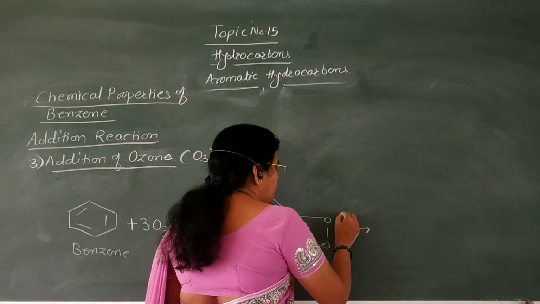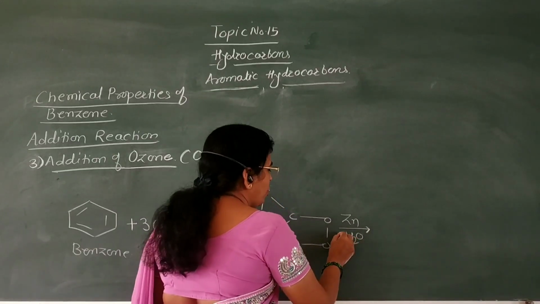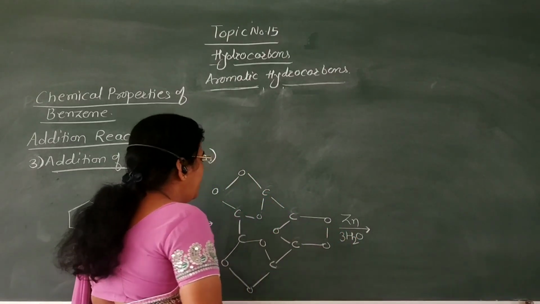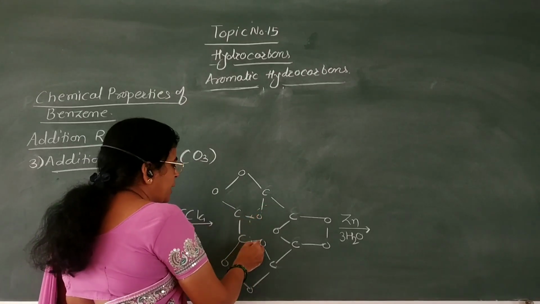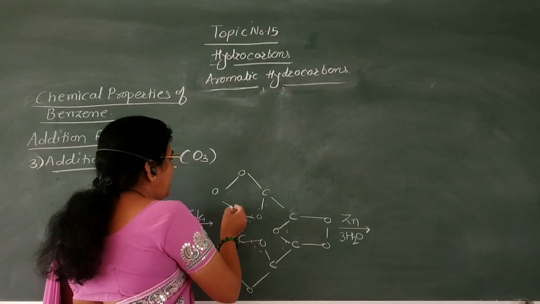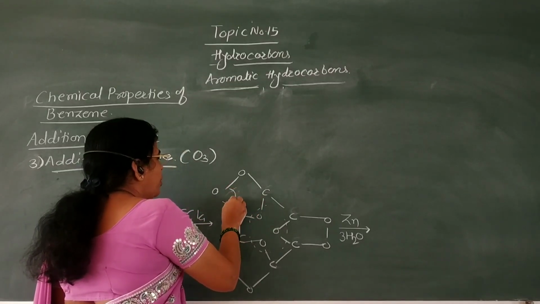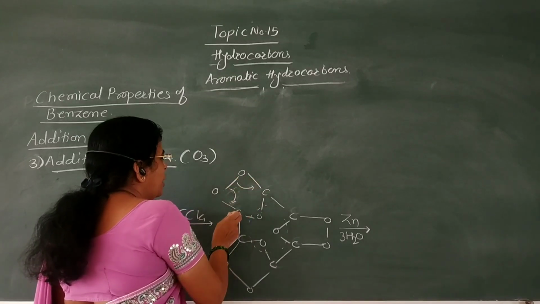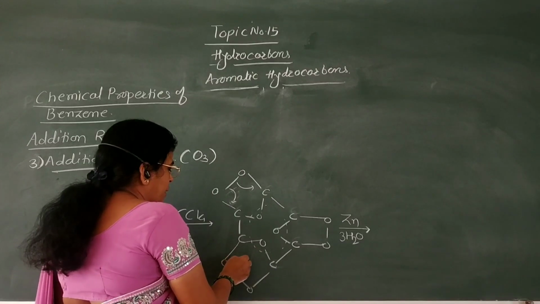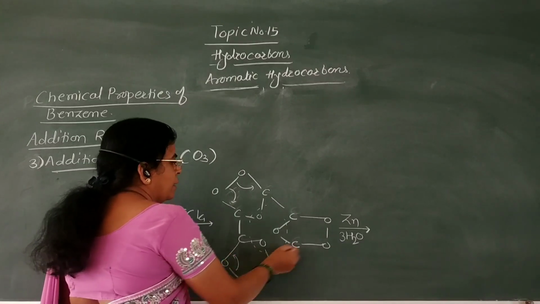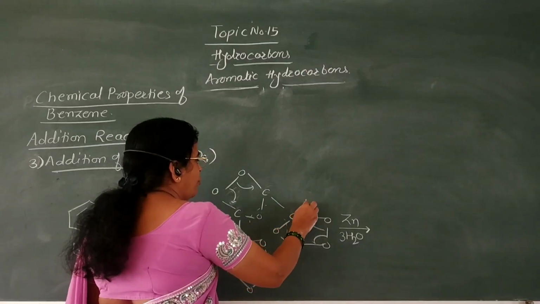When this benzene triozonide undergoes decomposition in presence of zinc and H2O, then 3 molecules of H2O are used, and here breaking of this bond takes place like this, and here breaking of this bond also takes place to form carbon oxygen double bond here. Same thing happens here, to form 3 molecules of glyoxal.